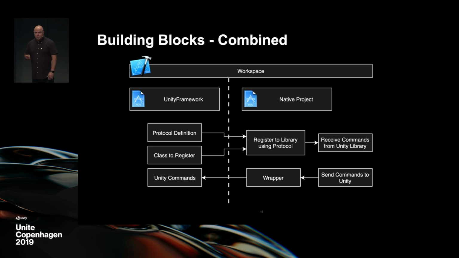Each one is responsible for certain parts: Unity framework, protocol definition, and registering the classes that you want to extend the protocol you defined. On the native side, extending the classes and receiving the methods you want to have. And on the native side too, send commands back to Unity, back directly to Unity side.